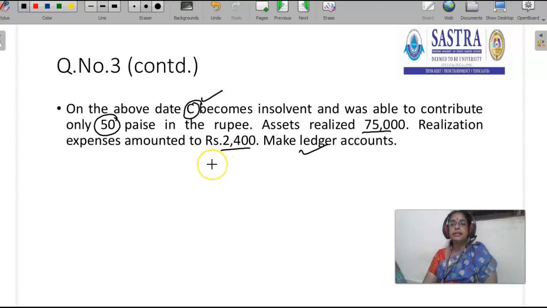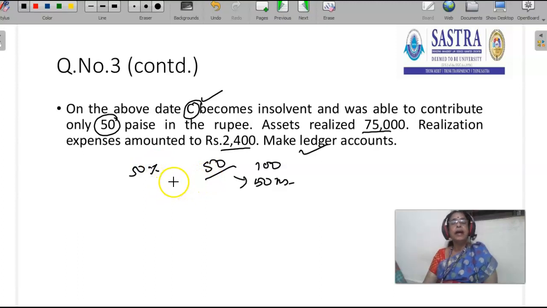C is adjudicated as insolvent and he was able to contribute 50 paise for a rupee. If his due is 100, he was able to pay only 50 rupees. So only 50% he can settle.